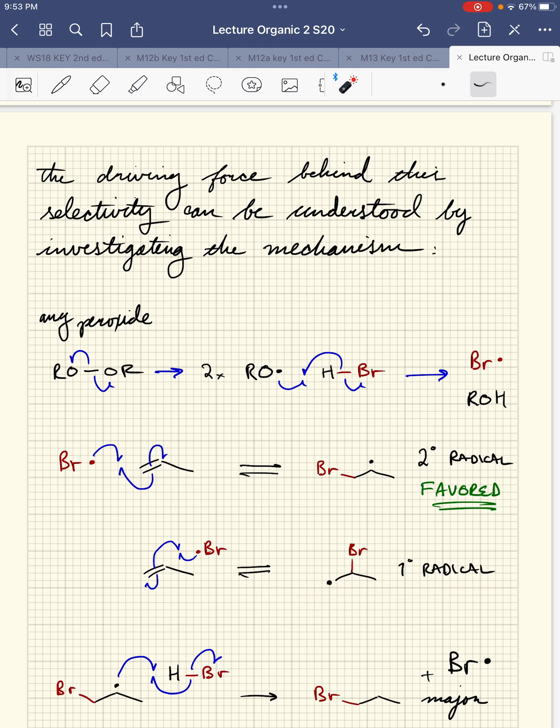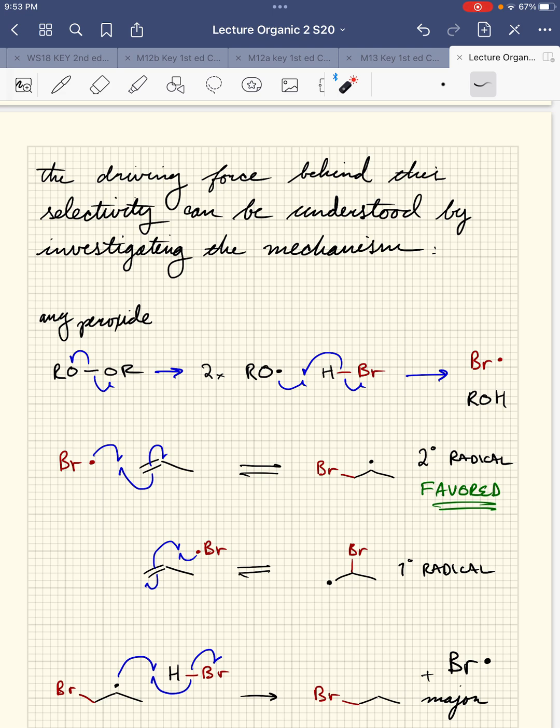Now, radicals tend to exhibit properties that are similar to those of carbocations, including that they act electron deficient, just like a carbocation. And so a tertiary carbon radical is more stable than a secondary carbon radical, which is more stable than a primary carbon radical.